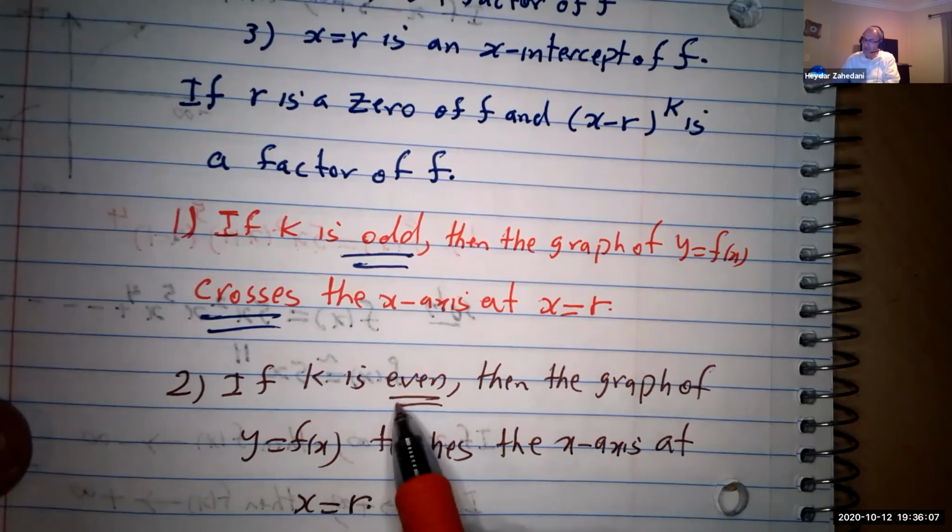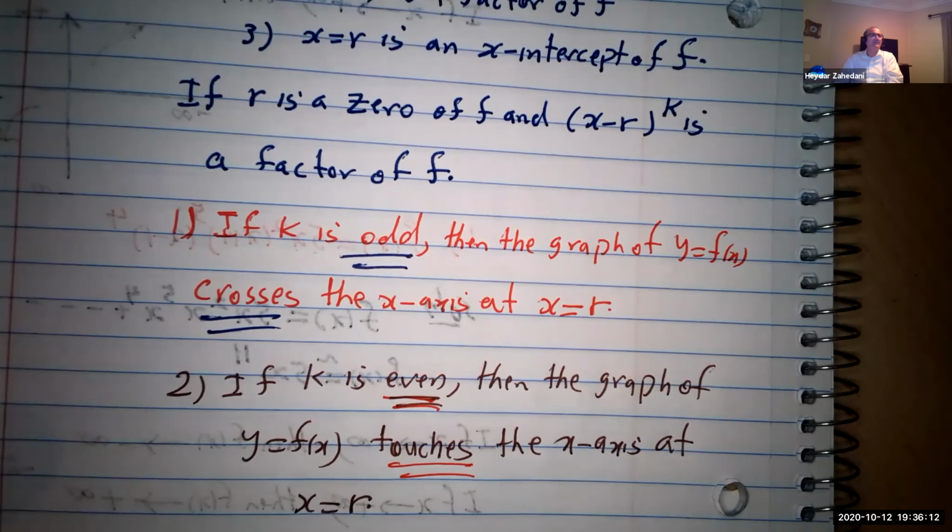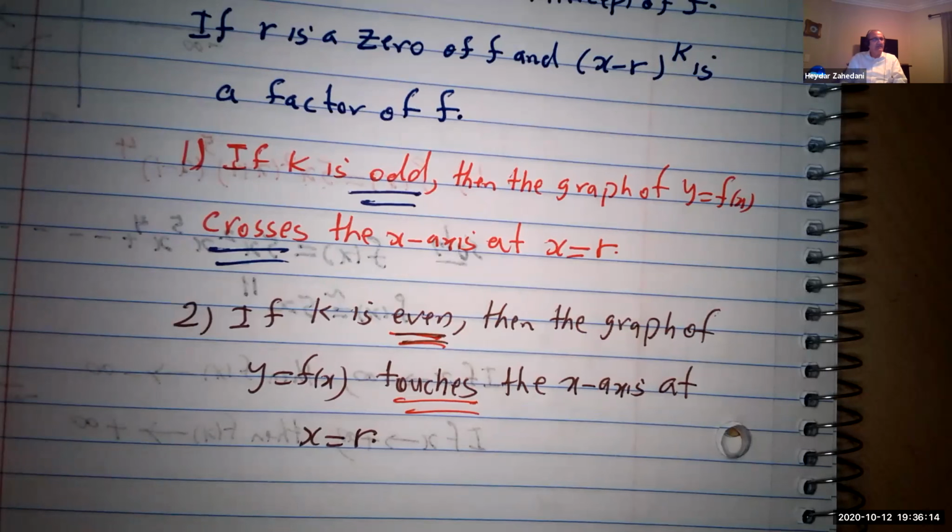So if it's even, it touches, because there is not going to be a change in signs. Whatever is inside, you raise it to the 4th, to the 6th. So the graph would have to stay on top of the x-axis or below the x-axis in both cases.